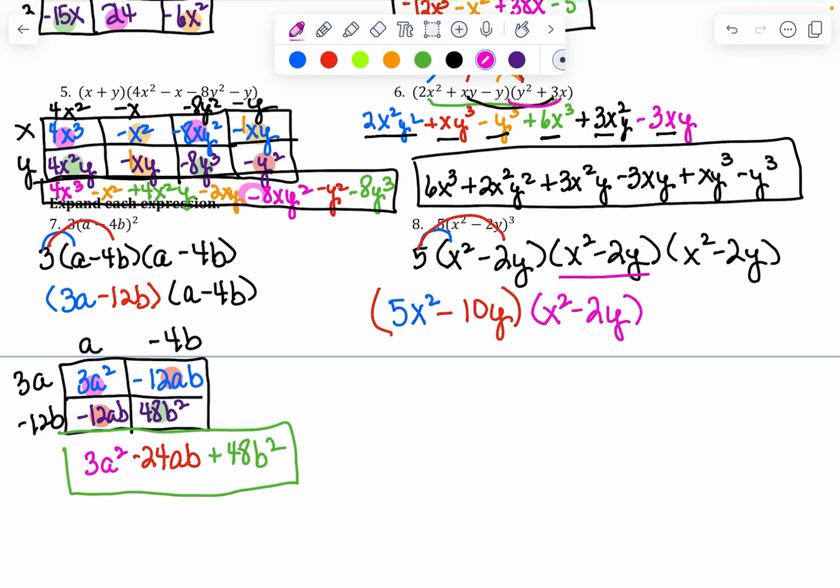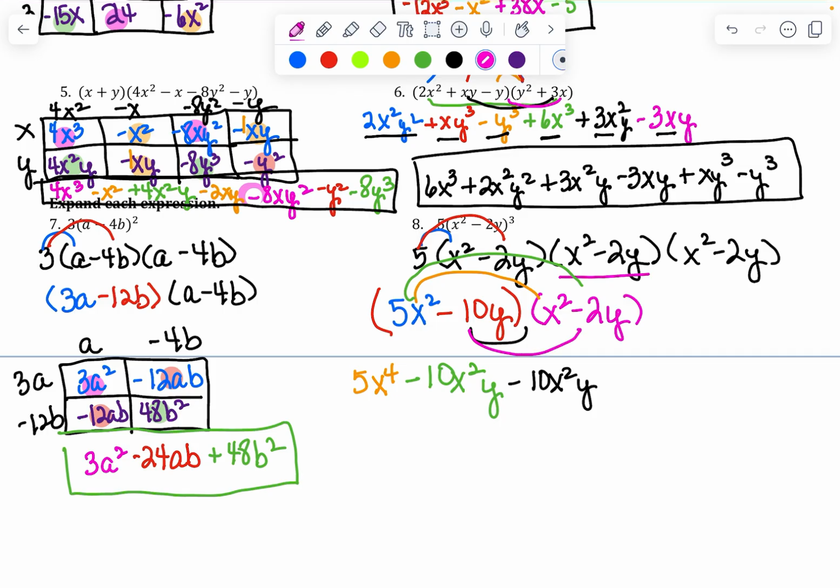Okay, here we go. So that would be 5x to the fourth minus 10x squared y. And this one would be minus 10x squared y.